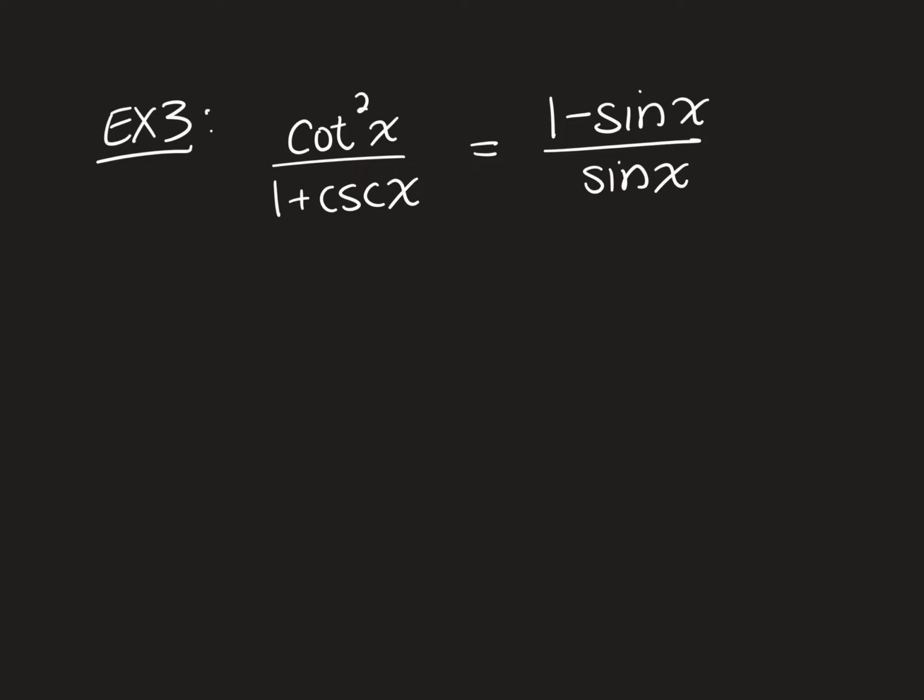For this one, I'm going to start with looking at our Pythagorean identities, because I might be able to find a way to write cotangent squared a little bit differently. So how could I write cotangent squared differently using our Pythagorean identities? Cosecant squared minus 1. So I'm going to take this cotangent squared and rewrite it as cosecant squared minus 1.